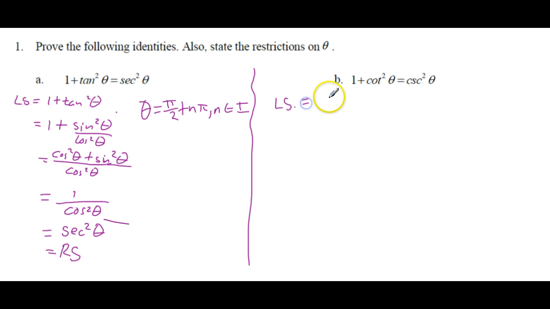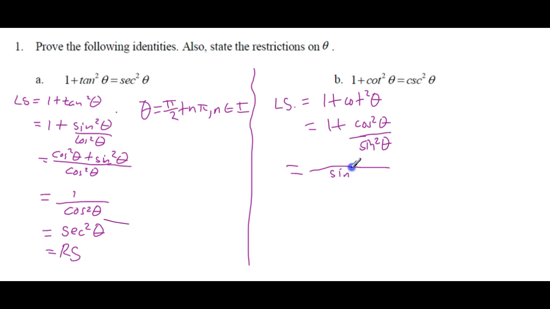The left side is 1 plus cot squared theta, which is 1 plus, okay, cotangent squared is cos squared theta over sine squared theta. The common denominator is sine squared. 1 is sine squared over sine squared.